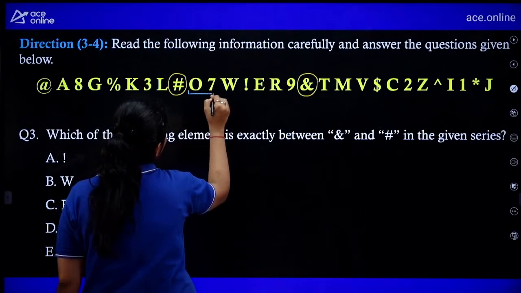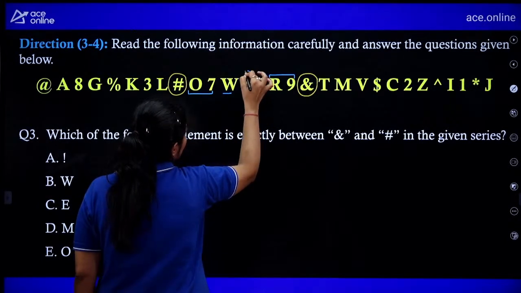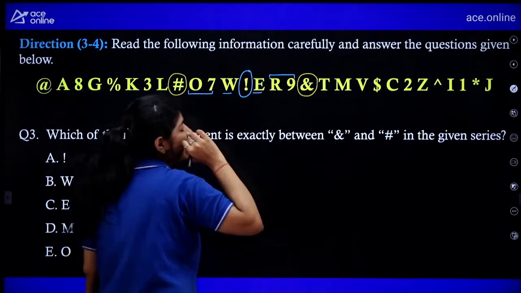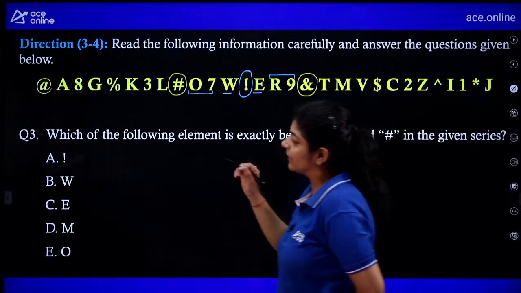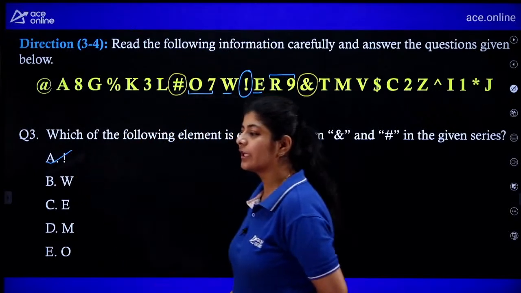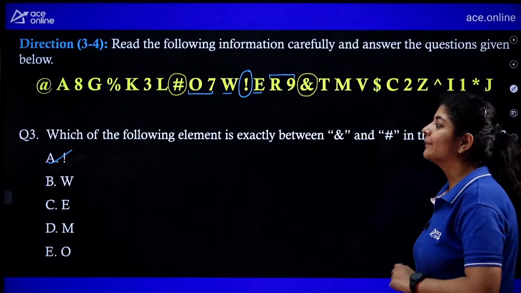So 1, 2, 1, 2: 1 from here, 1 from here. So the exact midpoint of these two elements is this one, the exclamation mark. So the correct option here is option number A.